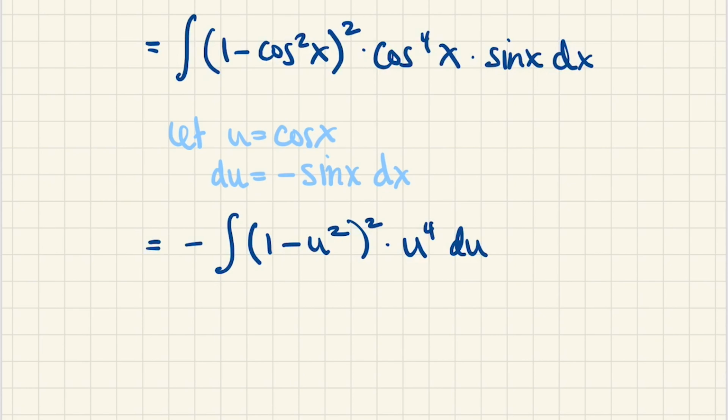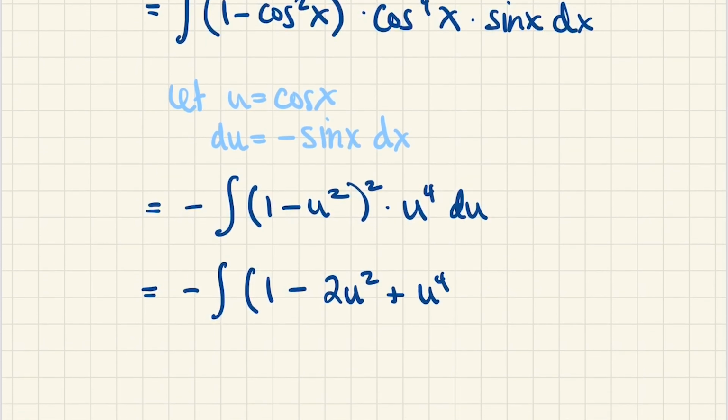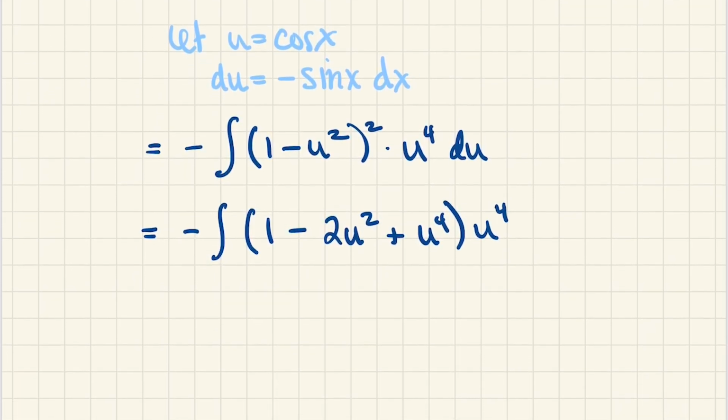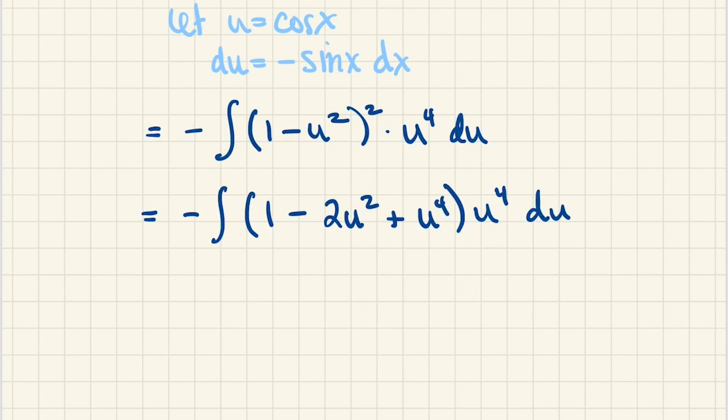So there we are. And this is just a polynomial integral. So we should probably FOIL this thing. So 1 minus 2u squared plus u to the fourth, and that's all being multiplied by u to the fourth, which needs to distribute.